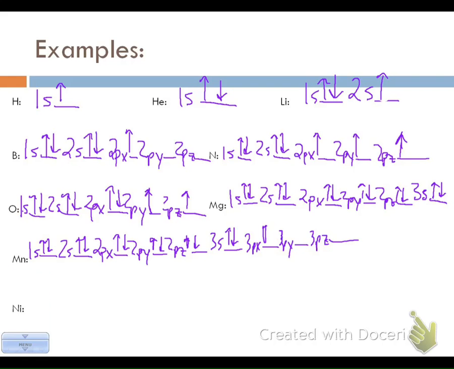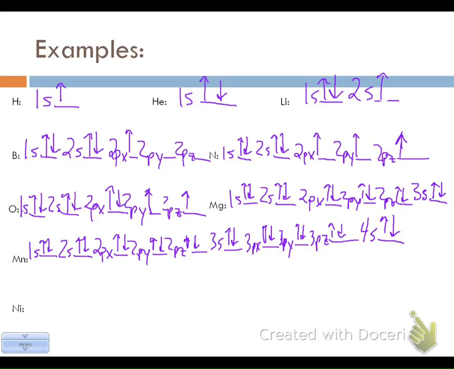So that is a 3py. So up, up, up, down, down, and down. That takes me to argon. Now, on the third energy level, I do have d orbitals, but the Aufbau principle tells me that 4s comes first. Those 2 electrons take me to 20, which is calcium.